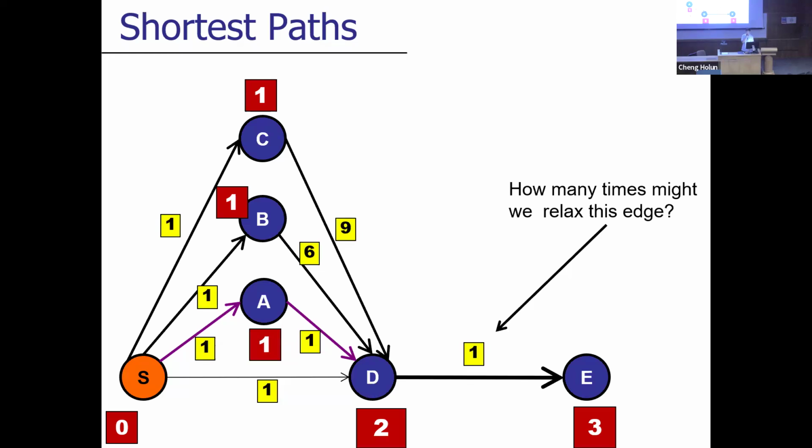And now I relax S, D, and finally I have the last estimated distance. But notice that I actually have to relax the edge D, E many times. In this case, I relaxed D, E 4 times. I have to keep relaxing it. I mean, for one edge, I need to repeat relaxing it.